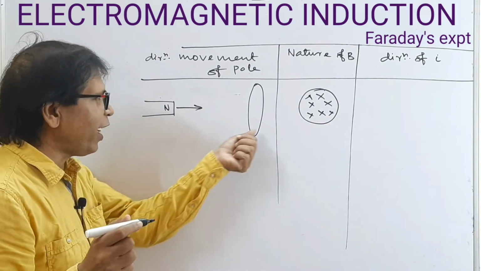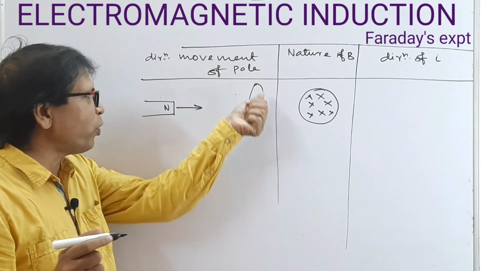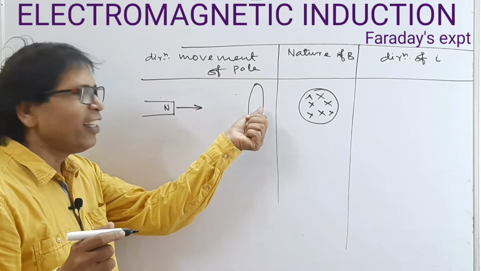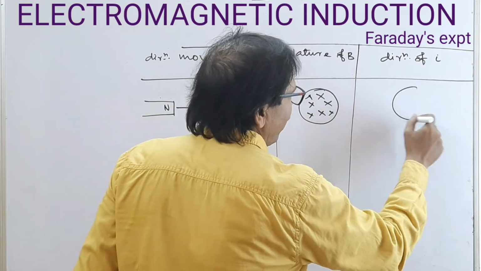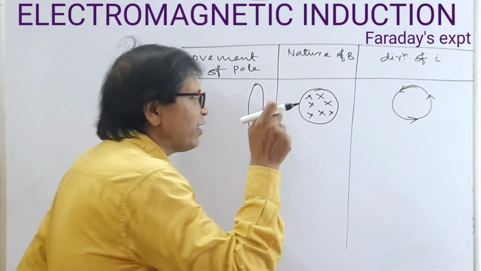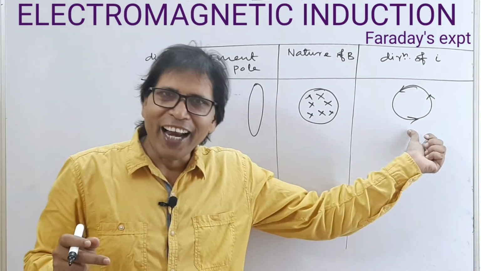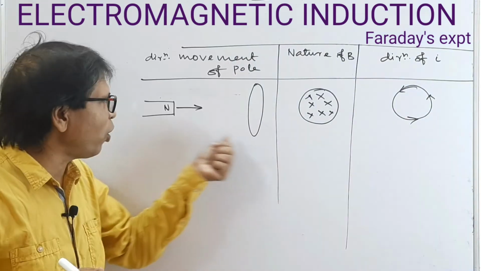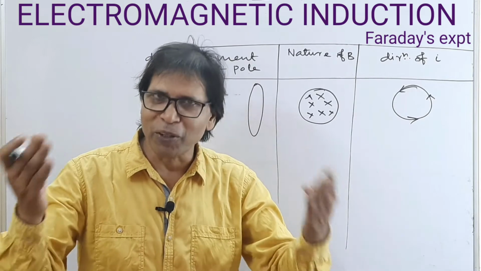The induced EMF always opposes the cause, that is, it produces an anti-clockwise current in the coil. When the inward magnetic field in the coil increases, an anti-clockwise current is produced. When the north pole moves towards the coil, anti-clockwise current is produced.